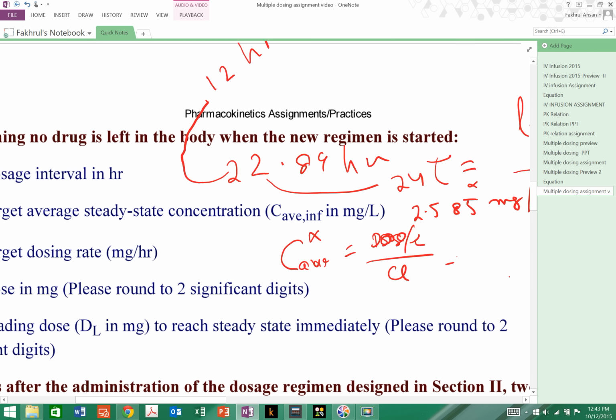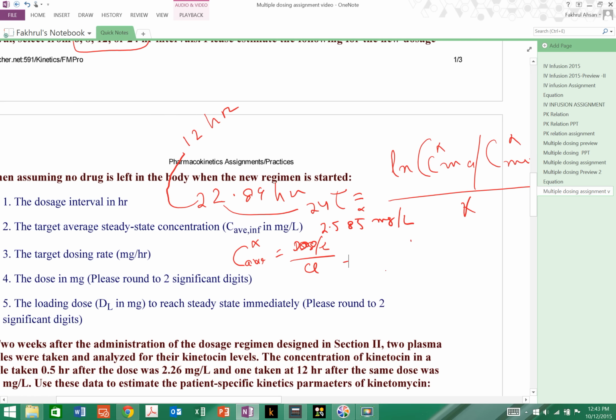So our dosing rate: our dosage interval is 24 hours. To calculate the dosing rate, you have to manipulate this equation. Dose divided by tau is equal to C average multiplied by CL.